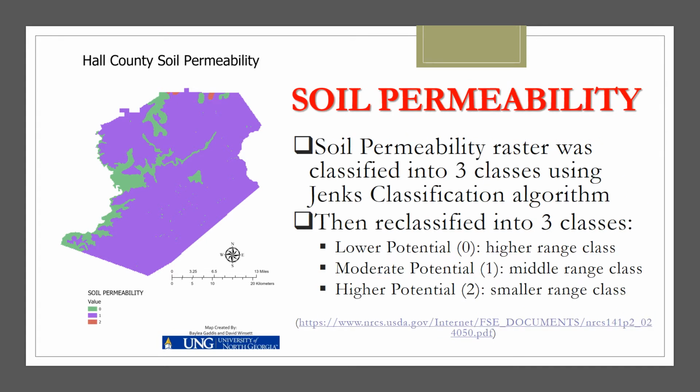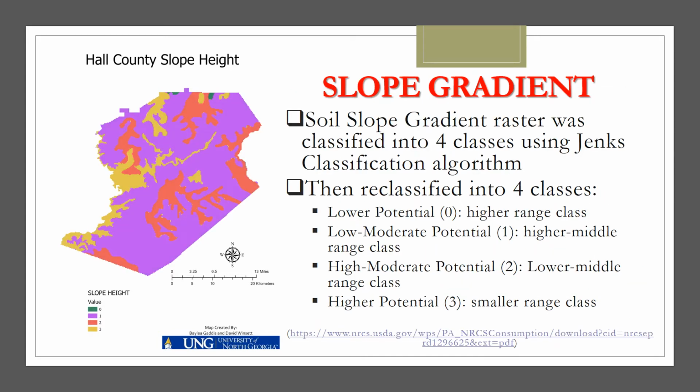Then soil permeability, the same way, we classified into 3 classes based on their potential for flooding. Slope gradient, also exactly the same way, but we classified that into 4 groups. So the higher the range class, the lower the potential, and the smaller range class means the flat area.